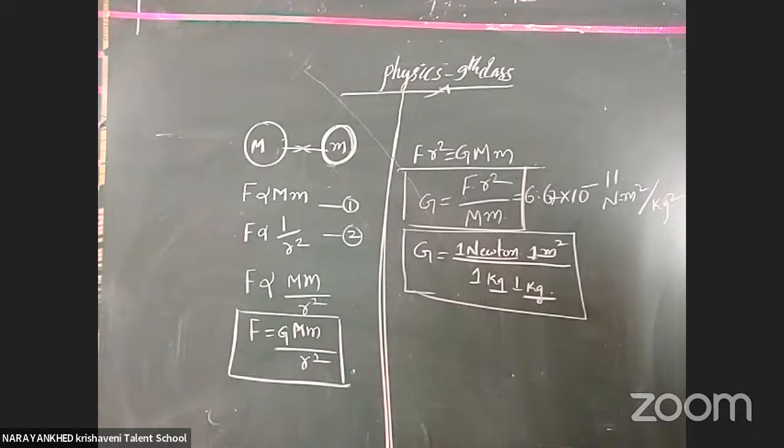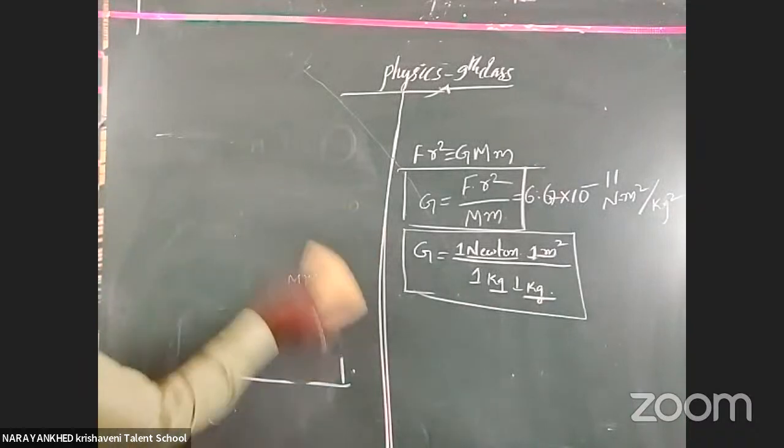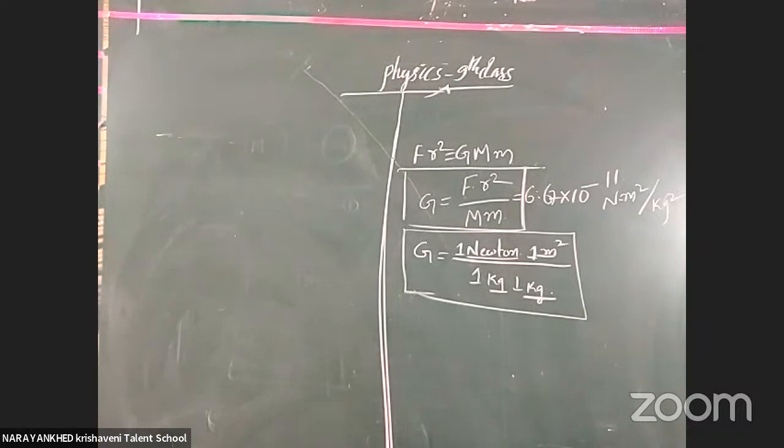It means gravitational force is an action at a distance. I hope you understood it. So the gravitational force is a non-contact force, or otherwise it is also called a field force.